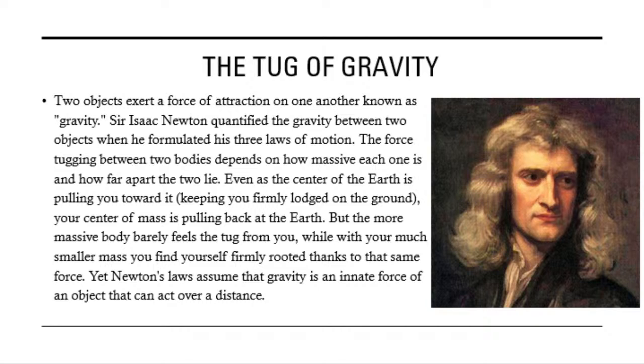But because of the Earth's massive body, it barely feels our tug. Yet, Newton's laws assume that gravity is an innate force of an object that can act over a distance.